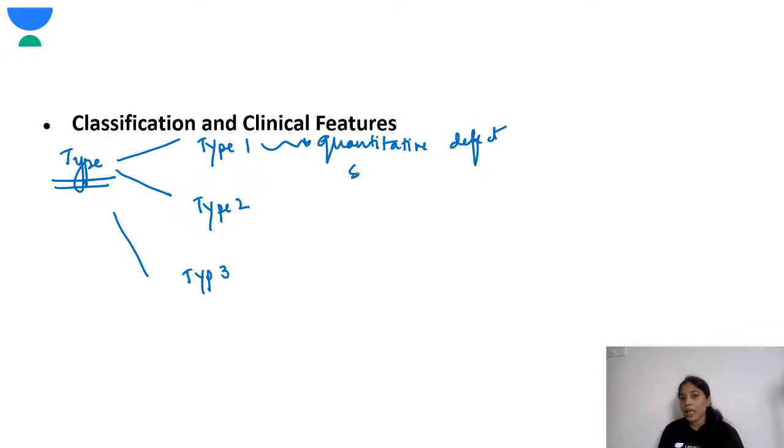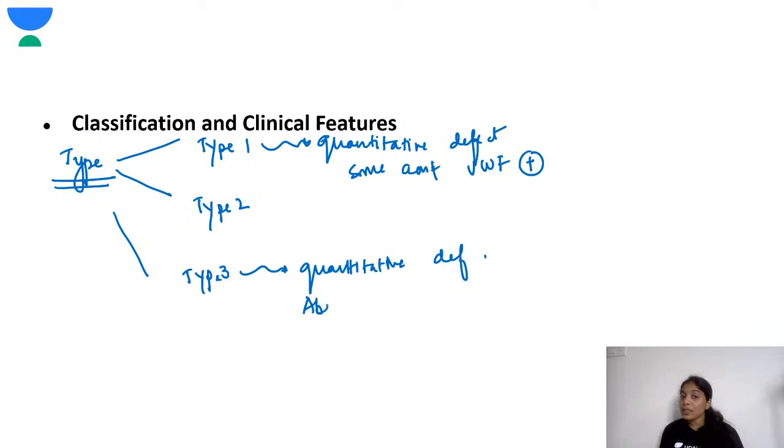While type 3 is also a quantitative defect, but here there is absence of the von Willebrand factor. So type 1 and type 3.